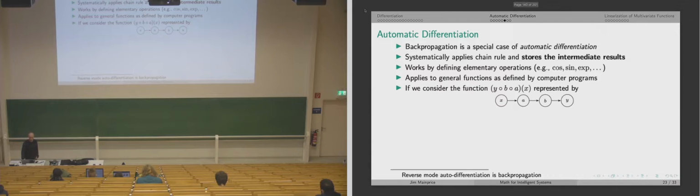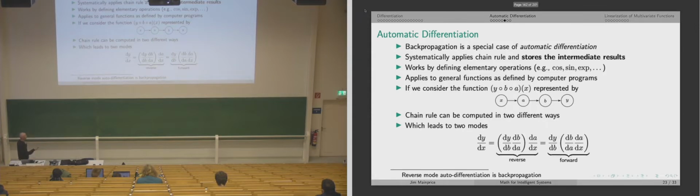So if we have the composition of three things, y after b after a, we can represent it by a graph like that. And what we're going to talk about now is that we can apply the chain rule in two different ways. We can apply it in the reverse mode, which is just what we saw. So you first compute this part of the chain rule, and then you compute the total derivative.